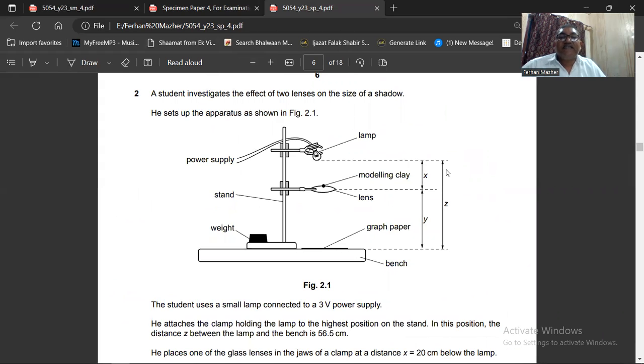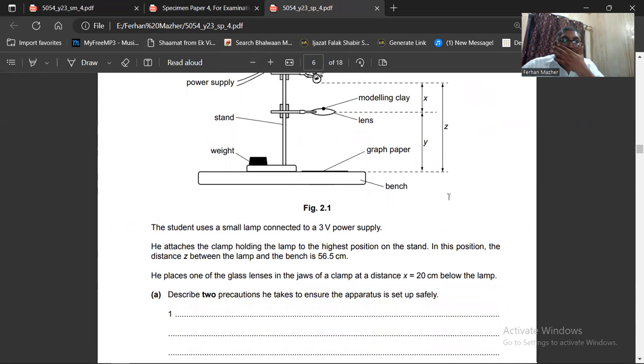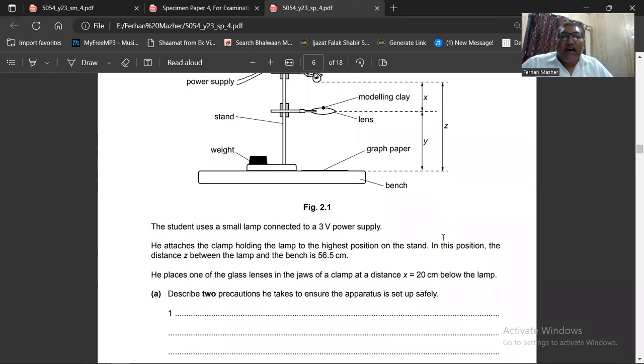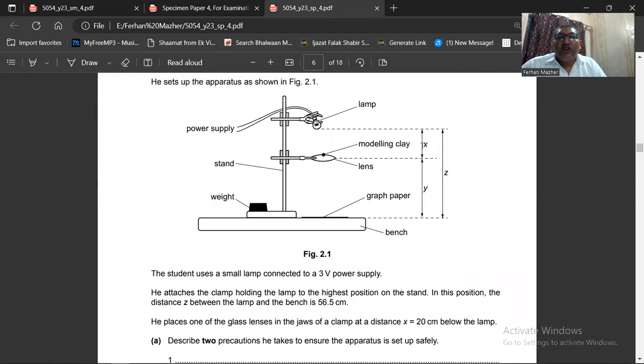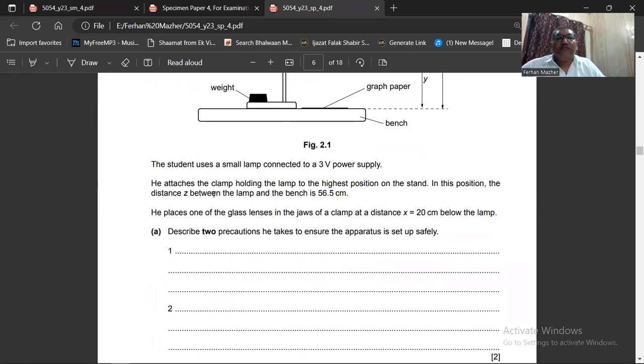So this distance Z is 56.5 centimeter. He places one of the glass lenses in the jaws of a clamp at a distance of X equals 20 centimeter below the lamp. So this lens is 20 centimeter below the lamp. This X value is 20 centimeter.